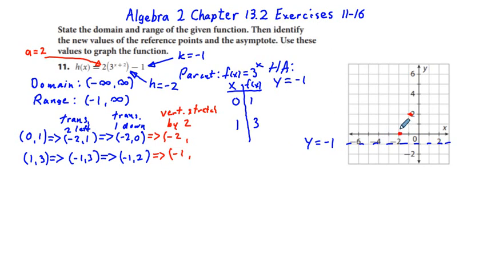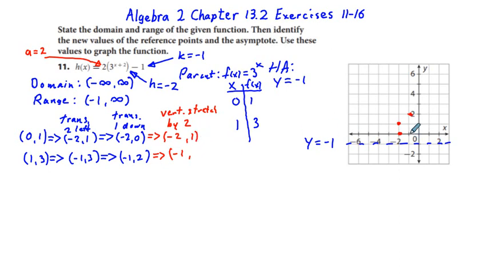So we are up 1 unit, we need to go up another unit, which is twice as far from the horizontal asymptote. So what we have here is the point -2, 1. So that goes right there. That is the translated point.